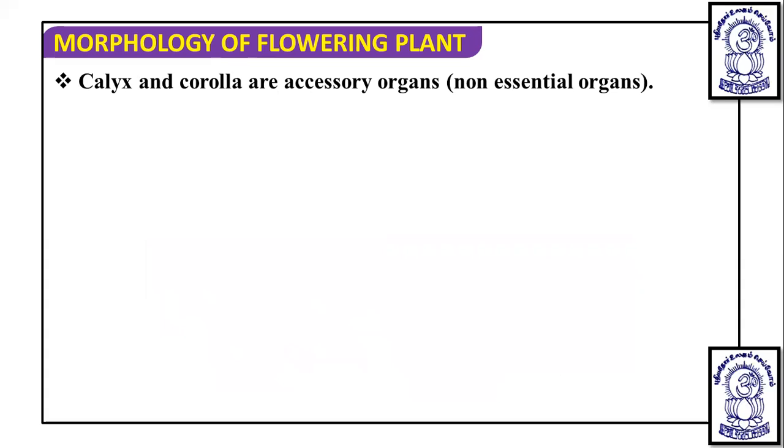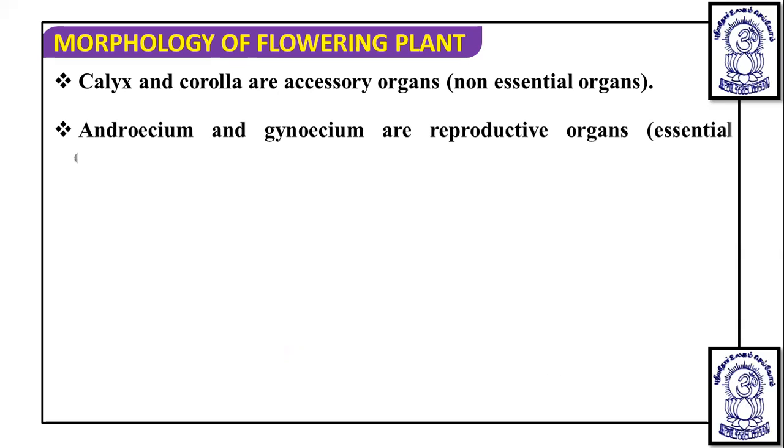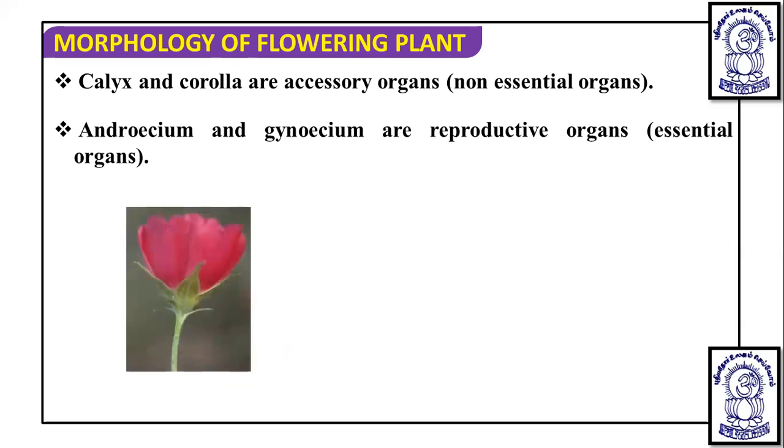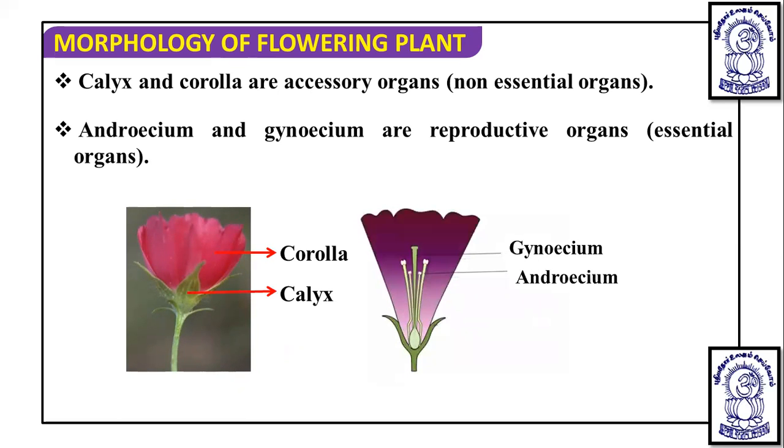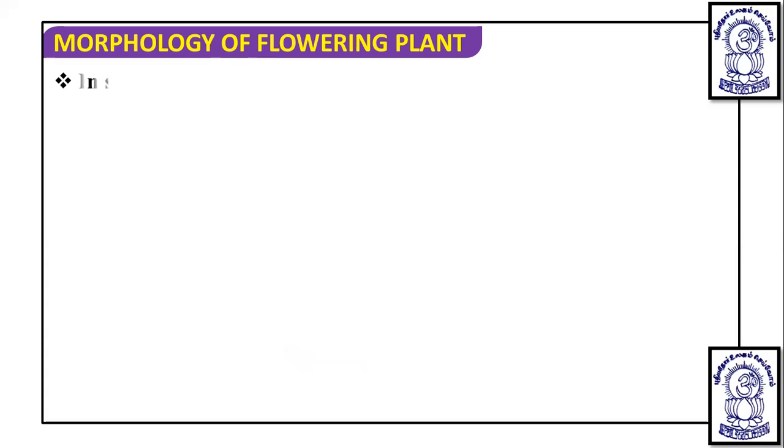So because of this, they are not continuously with the plant. They are there up to a certain period in the flower, then they fall. Because of this, they are known as non-essential organs. Androecium and gynoecium are reproductive organs or essential organs, and this is the corolla, this is the calyx, this is the androecium, gynoecium, which we have just discussed.